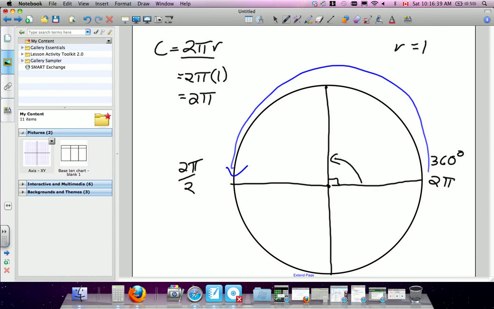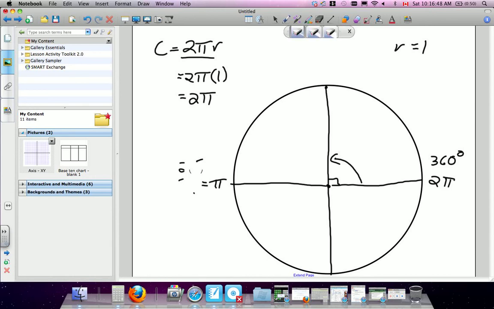That would be cutting it in half. In other words, that would be pi. We'd only have to rotate 1 full pi radian here. So they split it in half. So a full rotation is 2 pi. Half a rotation, or 180 degrees, is also equal to just pi.